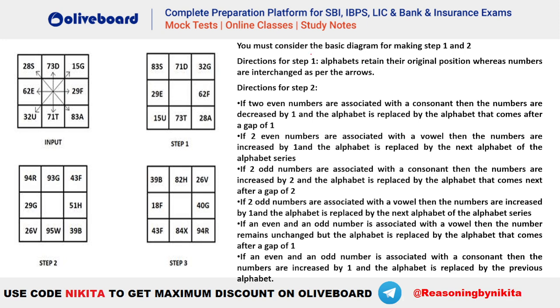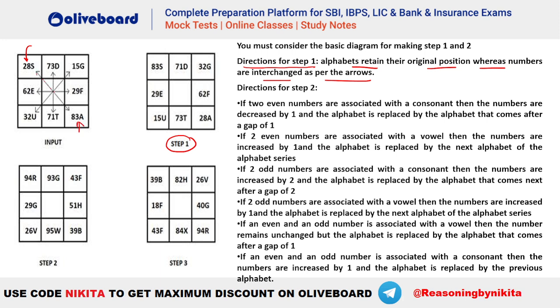So what is mentioned here for considering the basic diagram for step 1 and 2, directions for step 1, that is how do we arrive at this step 1 here. Alphabets retain their original positions while numbers are interchanged as per the arrows. So you can see here that 28S and 83A are shown with the help of an arrow, right?